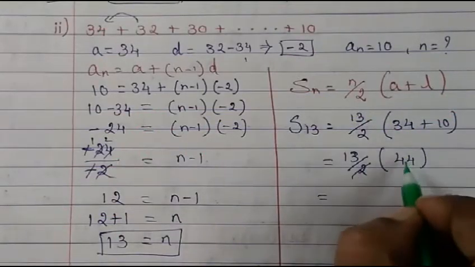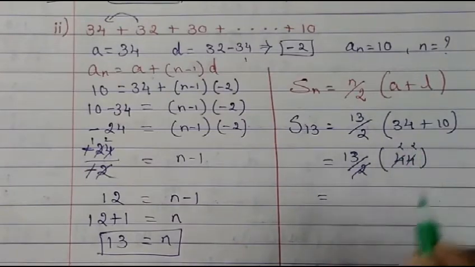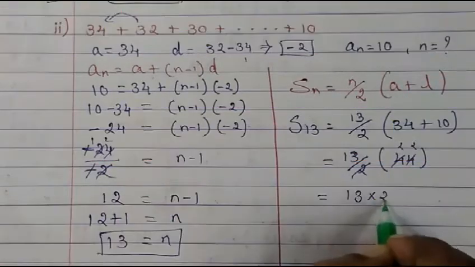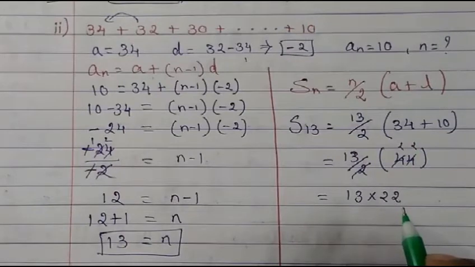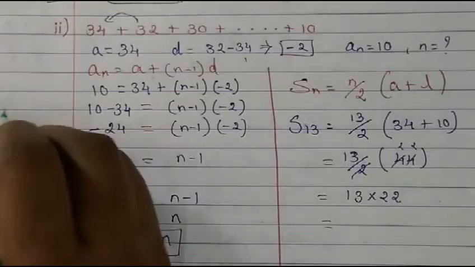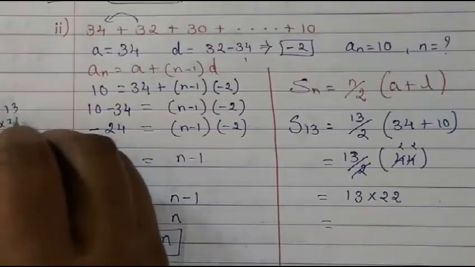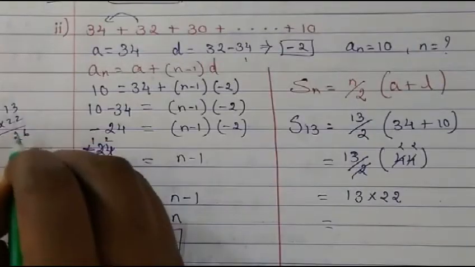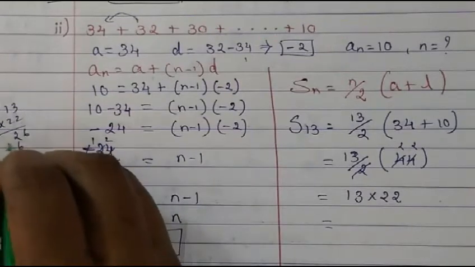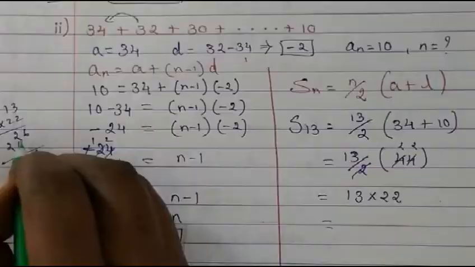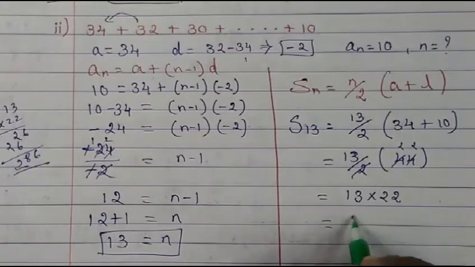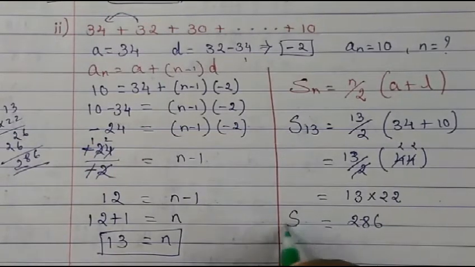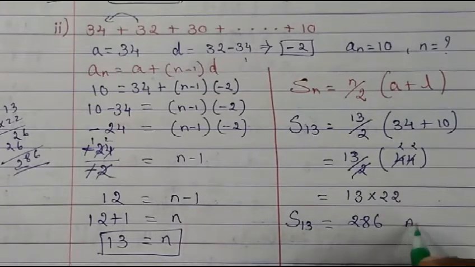So if you divide by 2, 22, so 13 into 22 will give us 6, 8, 2, 286. So 286 will be our answer. So the sum of the 13 terms is 286.